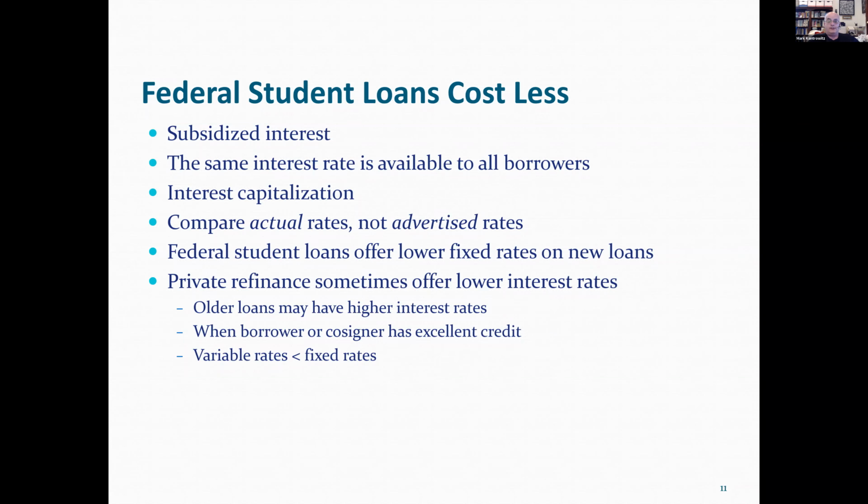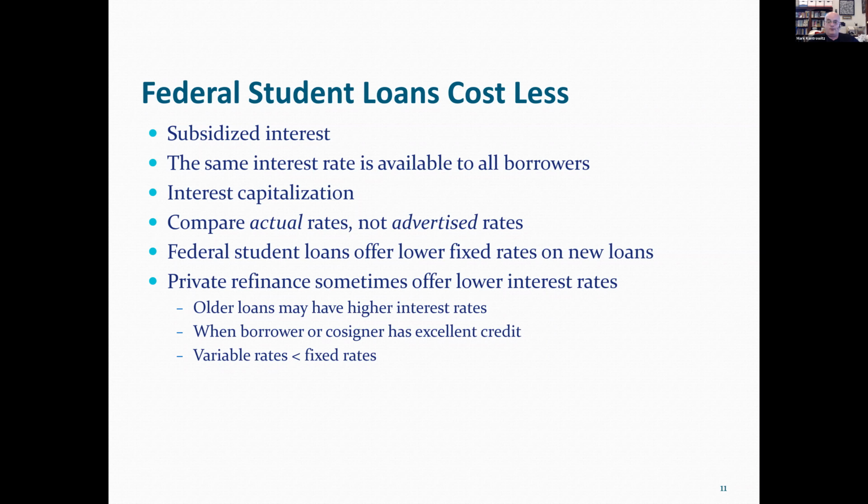And the other reason that private loans may have lower interest rates is if they have a lower interest rate on a variable rate. So that may initially be lower than the fixed rates on a federal loan. You have to be careful, though, about comparing a fixed rate with a variable rate.